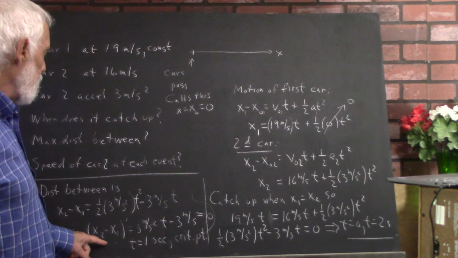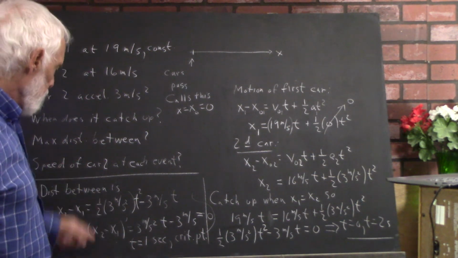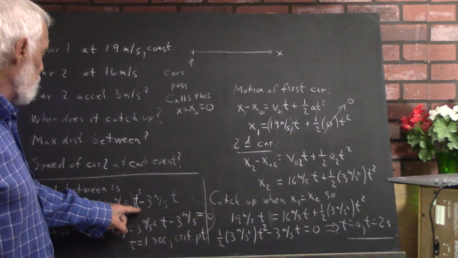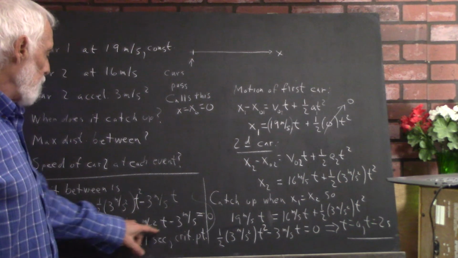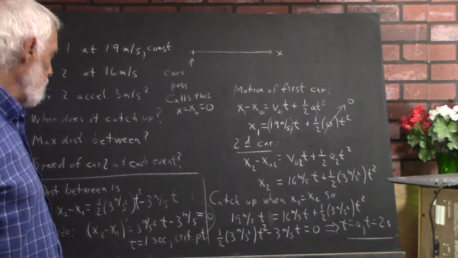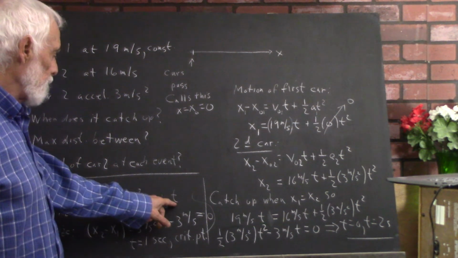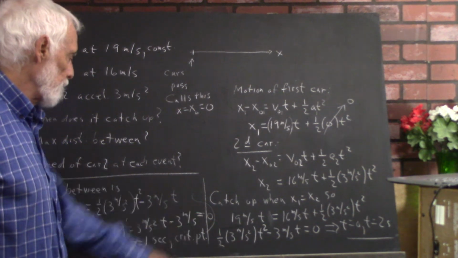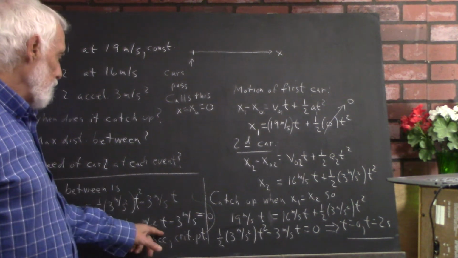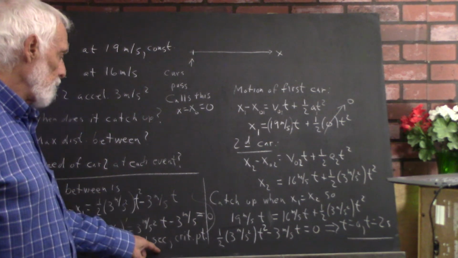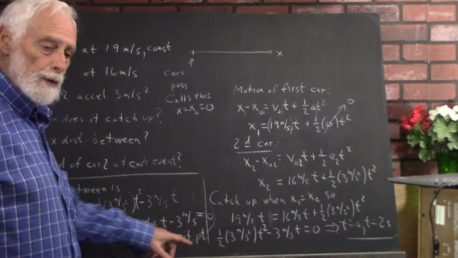So, anyhow, if I take the derivative of this, the derivative of t squared is 2t, half of 2t is t, so you end up with 3 meters per second squared times t, and the derivative of t is just 1, so you end up with minus 3 meters per second equals 0, and you solve that for t. That's very easy. You end up with t equals 1 second. That's your critical point.